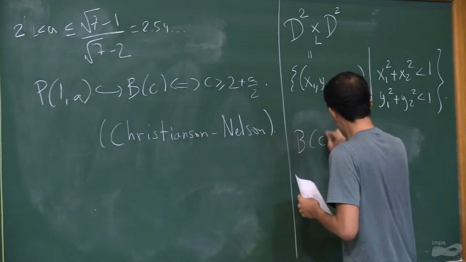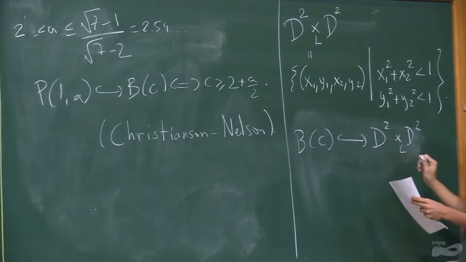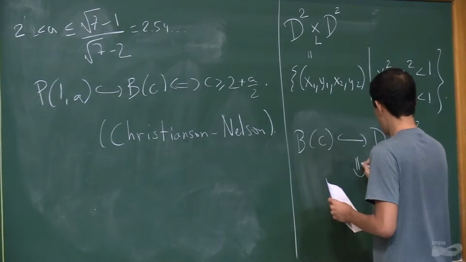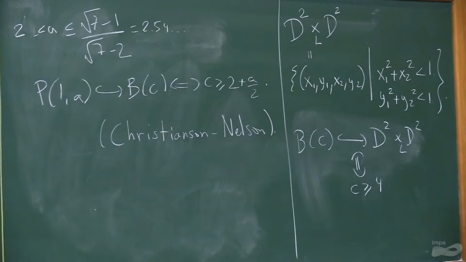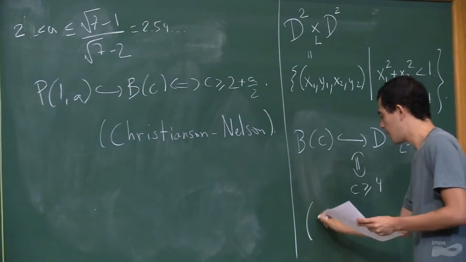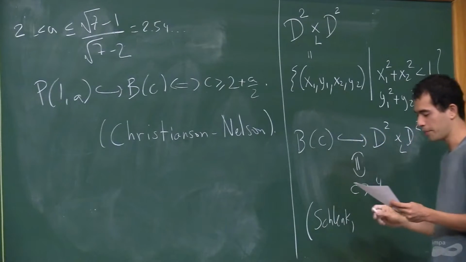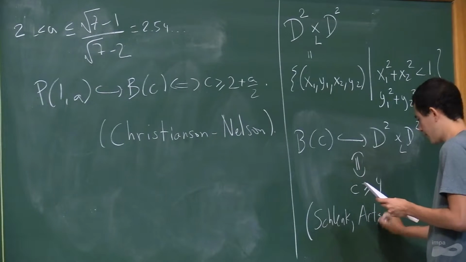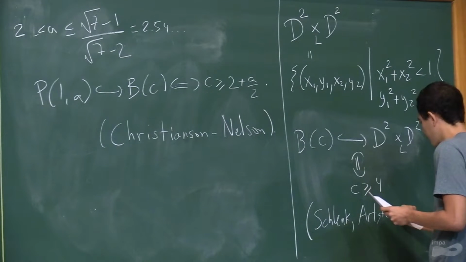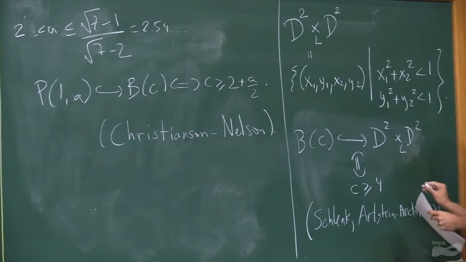So the Gromov width, the biggest ball that embeds here, exists if and only if C is less than 4. And this follows from a construction of Felix Schlenk and some computations of symplectic capacities by Artstein-Avidan and Ostrover.